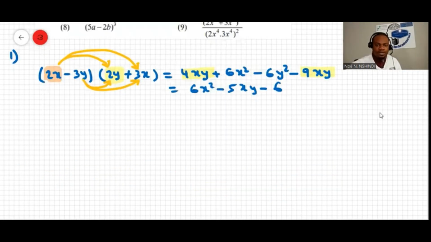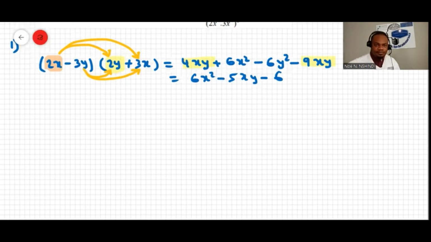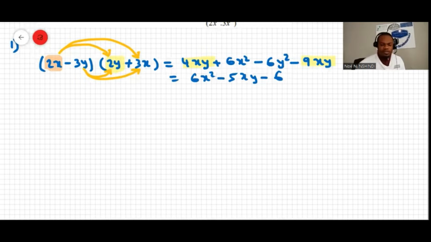Excuse me, I'm going to write it over here. Question 2 was x squared plus 1, x to the power of 4 plus 1, and then x squared minus 1.